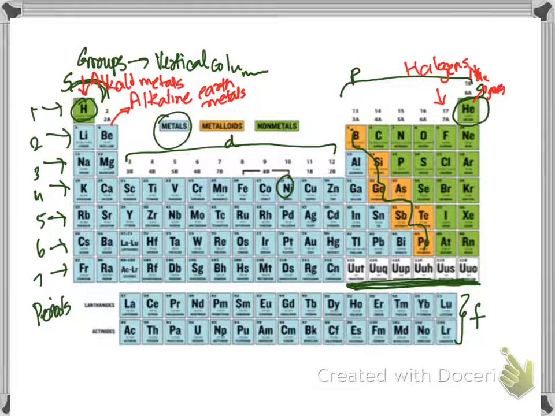A few more terms. These S and P block elements together are known as main group elements. These D block elements are known as transition elements.